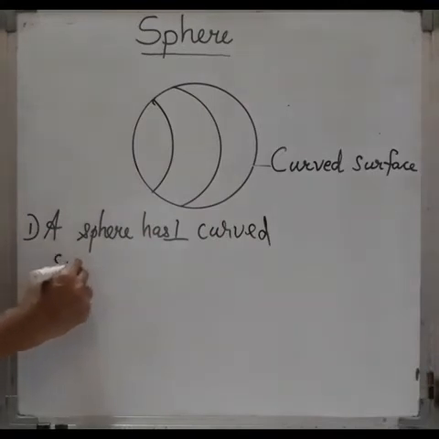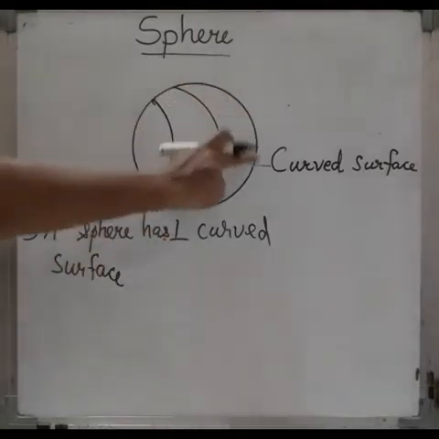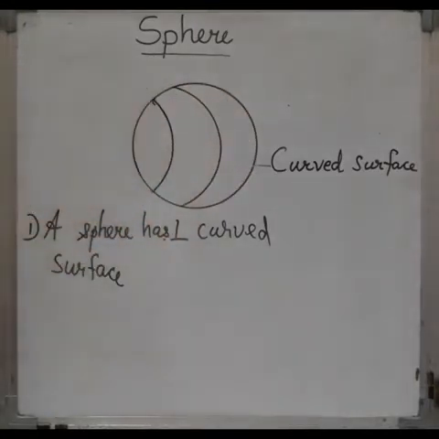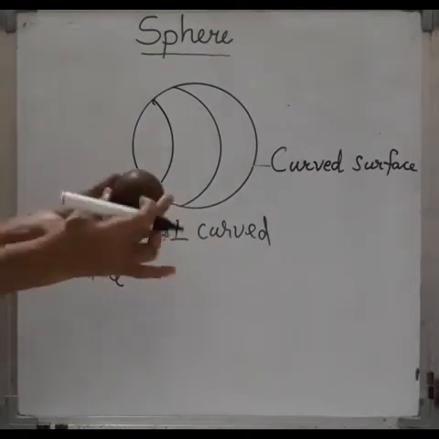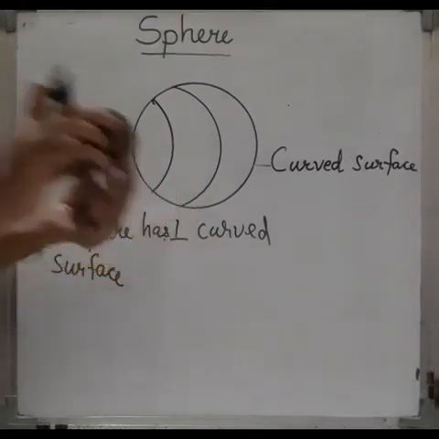Okay? It has only one curved surface. Look here. This is a sphere and it has only one curved surface.